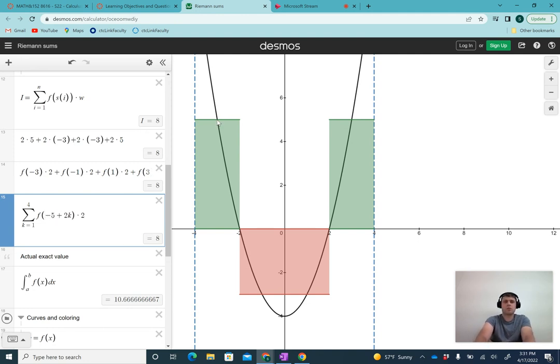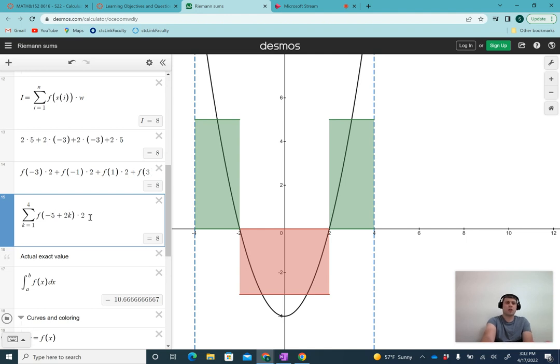So -5 plus 2k. If I start at -5 and I add 2 once, I get to -3, but if I add it twice, add 2 2's, I will get to -1, and so on. So this matches.